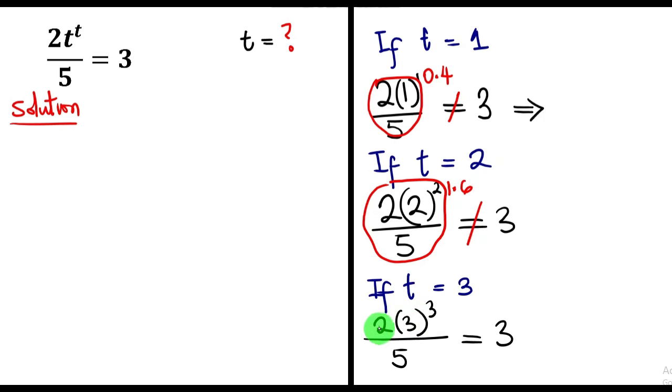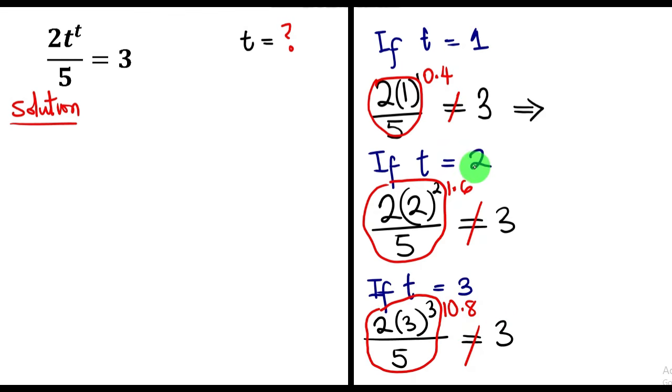Then multiplied by 2, 2 times 27 is 54, and the whole of 54 divided by 5 is going to give me 10.8. So the whole of everything here is just 10.8, and of course this is not equal to 3, it's above 3.